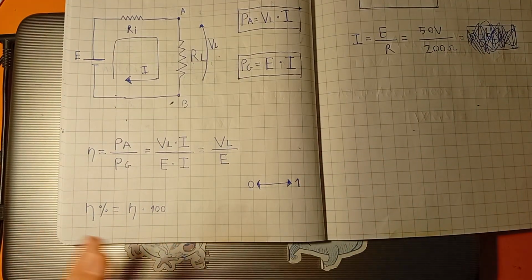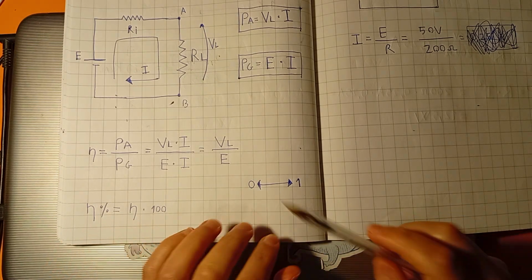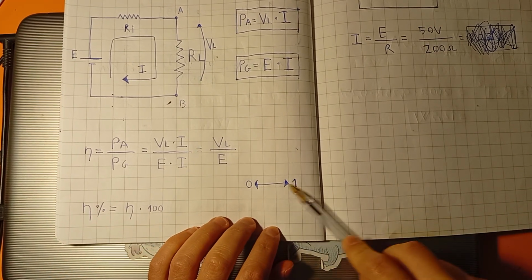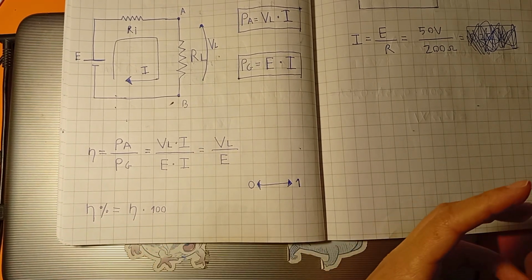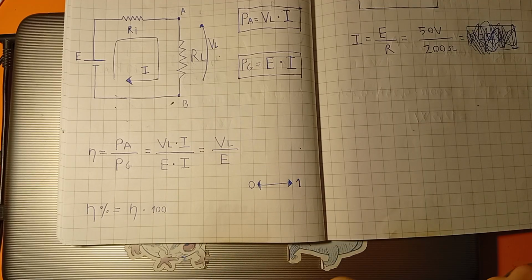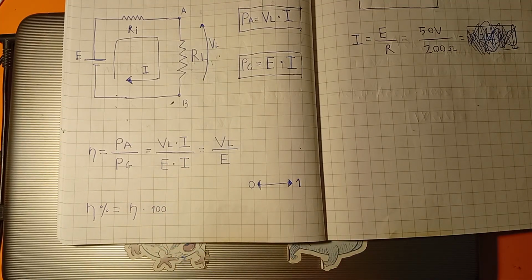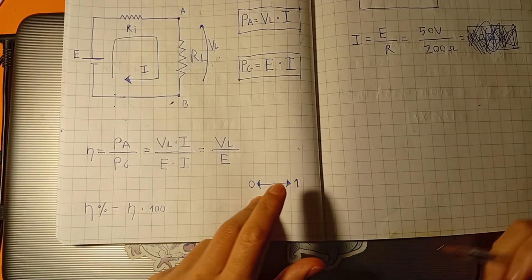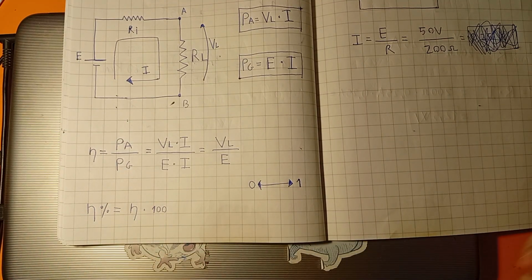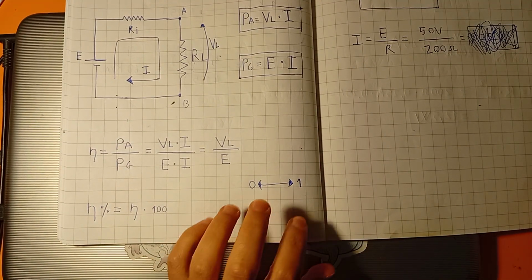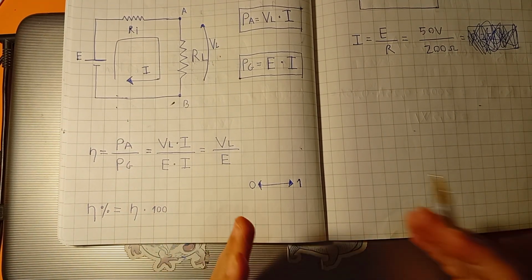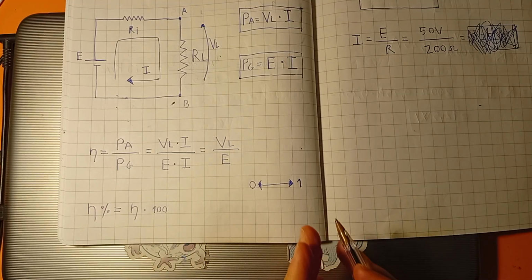And you'll obtain efficiency. Usually your efficiency is a value between 0 and 1. The closer to 1 it is, the more it means that it is a well-done, efficient circuit. The closer to 0 it is, the more it means that it's not really an efficient circuit, and if possible you should optimize it. Obviously it is never 0 and never 1.